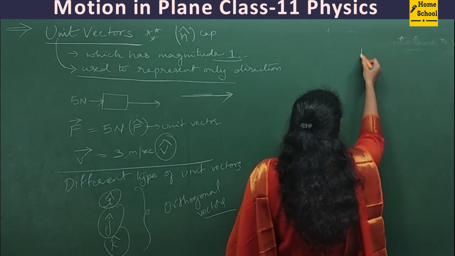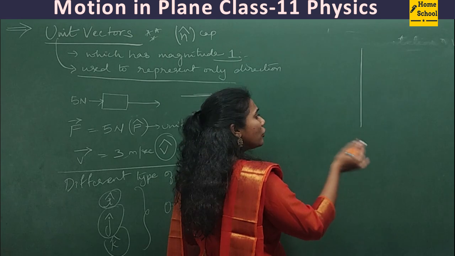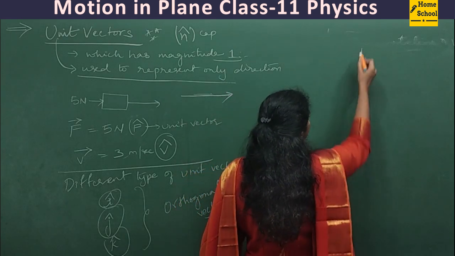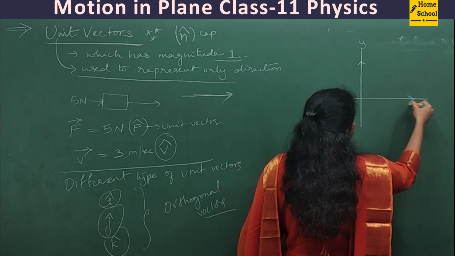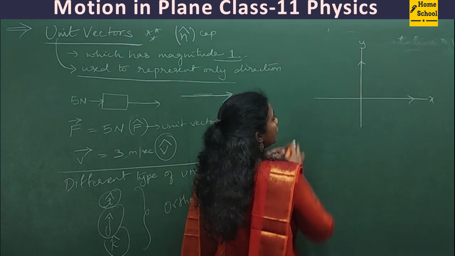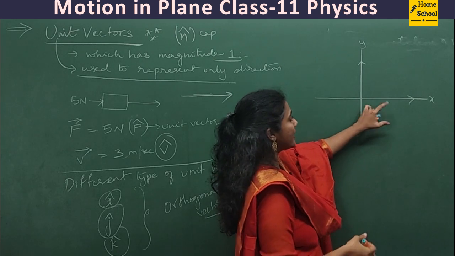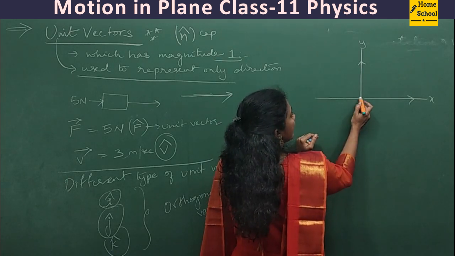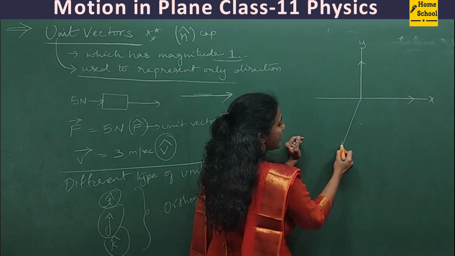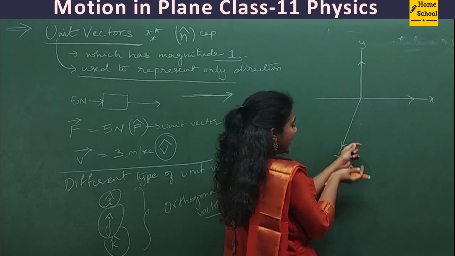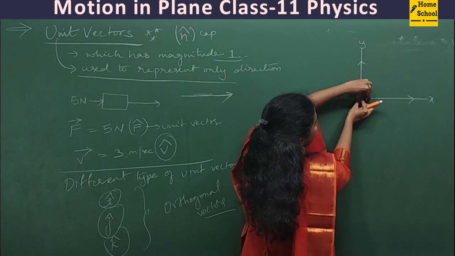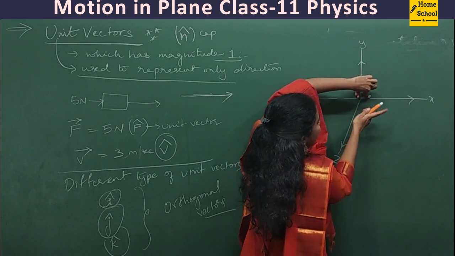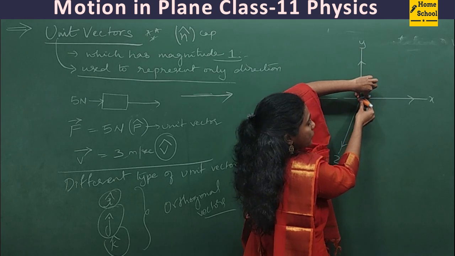We all know Cartesian coordinates, right? So if this is the y axis and this is the x axis, then the y axis is perpendicular to the x axis, and this is our z axis. This is our y direction, this is our x direction, and what is the z direction? Actually it is pointing towards you.